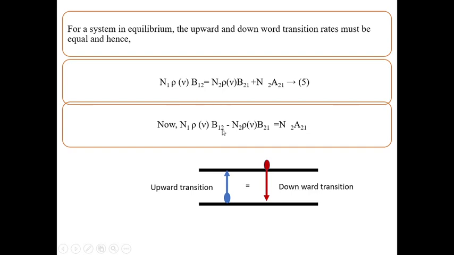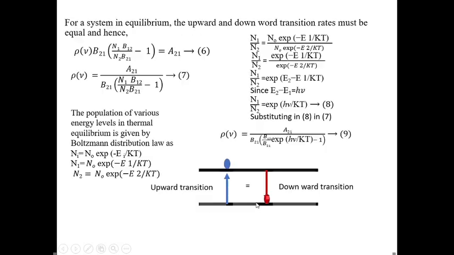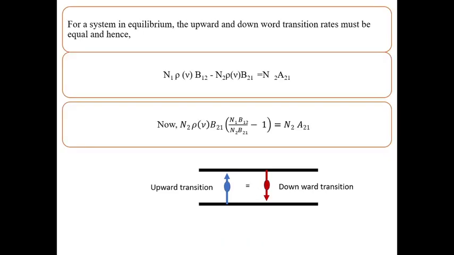Now this one equals this one; rho of nu is there, and N2 rho of nu B21 is there. If you take rho of nu to one side, then you can write N1 rho of nu B12 minus N2 rho of nu B21 equals the remaining term, N2 A21. Upward transition is equal to downward transition. Now here N2 rho of nu B21 is taken common from this.